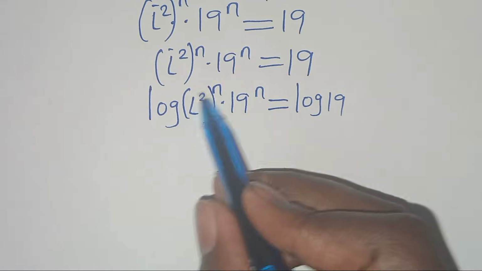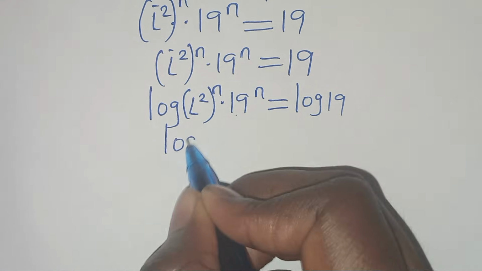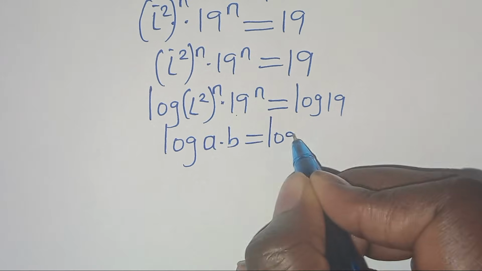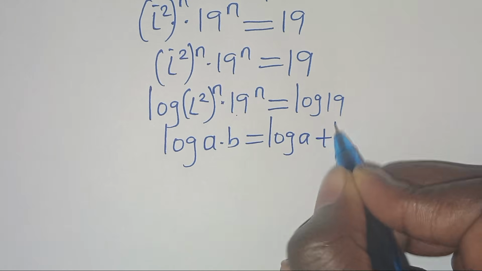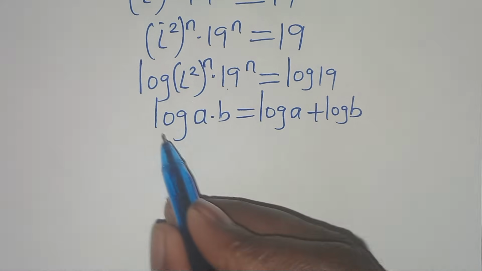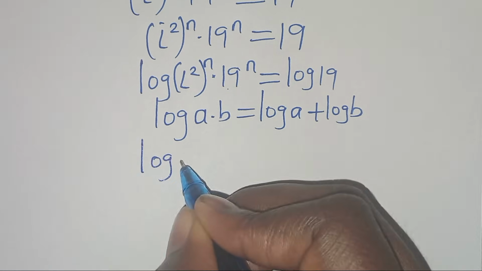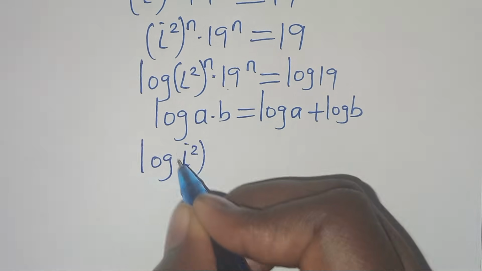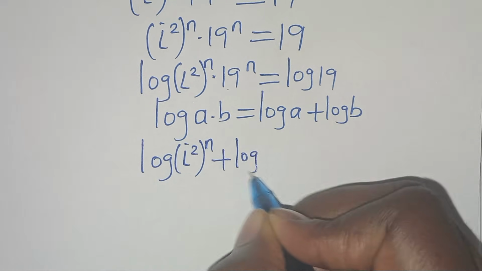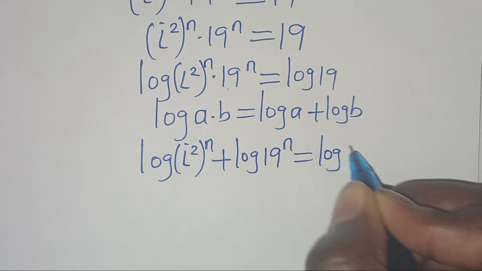Now, log of i squared to the power of n times 19 to the power of n, this is in the form of log a times b, which we can express as log a plus log b. Applying this logarithm property, here we have log i squared raised to the power of n, then plus log 19 to the power of n. This is equal to log 19.